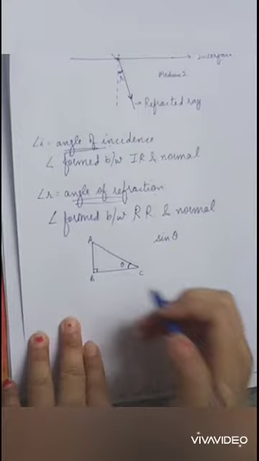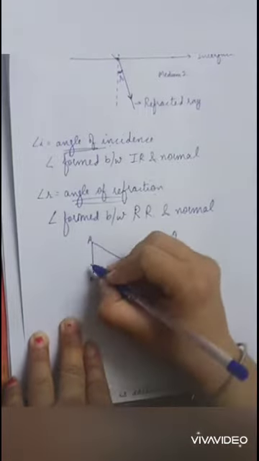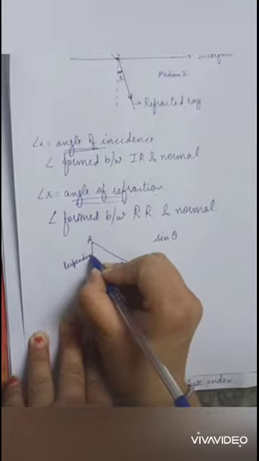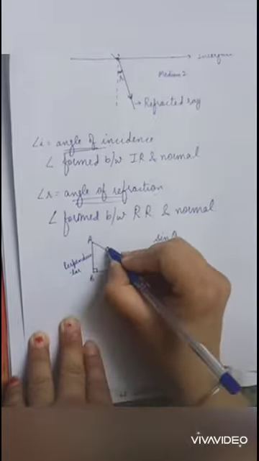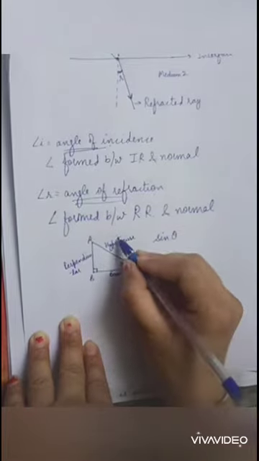This is a trigonometric ratio. All of you know that this is the base of the triangle, this is the perpendicular, and this is the hypotenuse of the triangle.